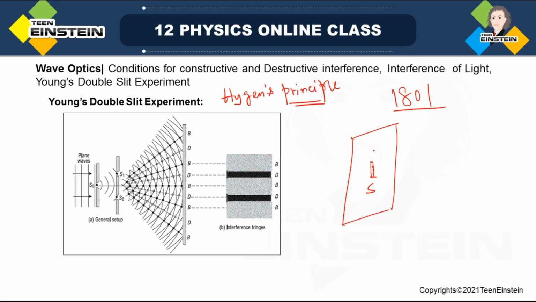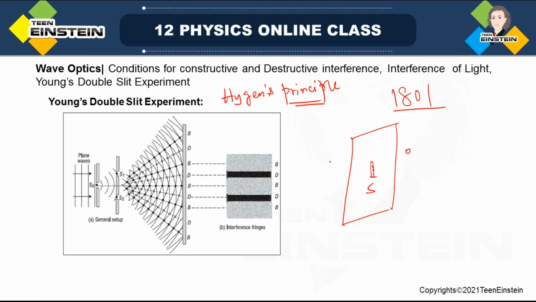See, this is opaque. Light waves cannot pass through opaque material. So for that, you have to make a hole, a very fine hole, and that too rectangular in shape. Sometimes it can be a circular hole also. So this is actually a slit.